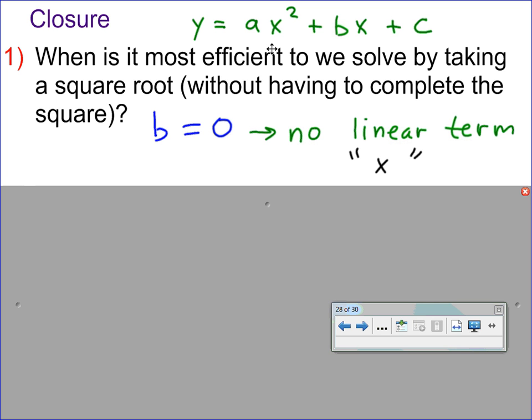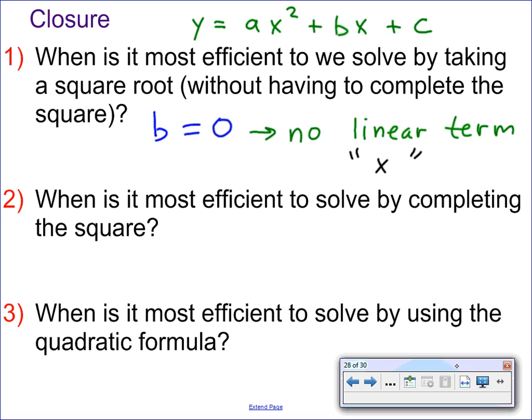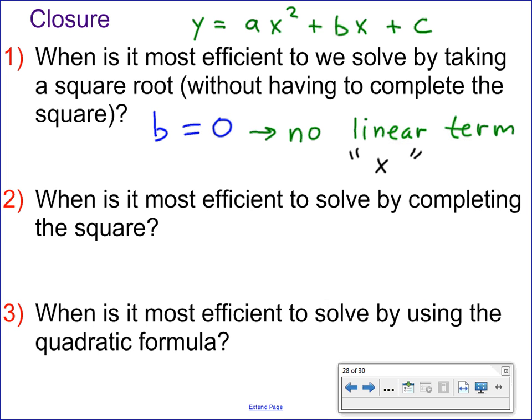Now let's go ahead and consider the difference between completing the square as a solving method versus our new quadratic formula. So solve by completing the square. Now b doesn't equal 0, so there is a linear term.